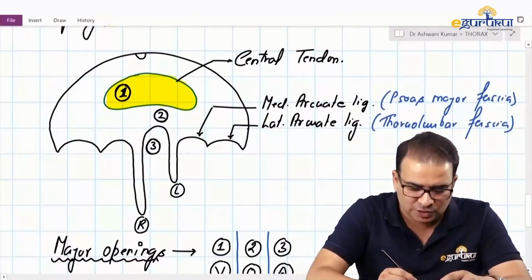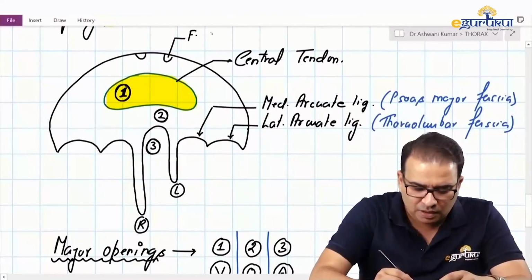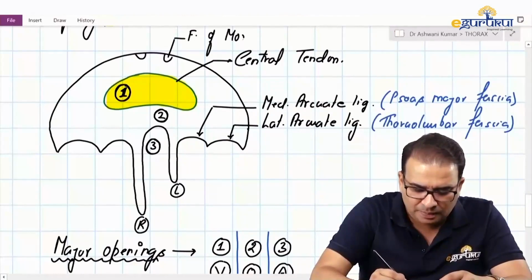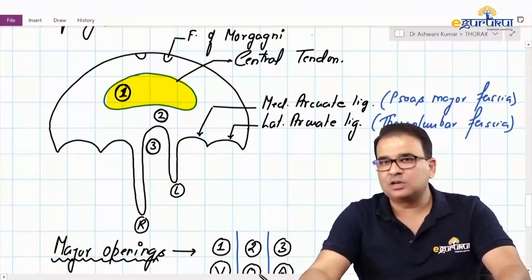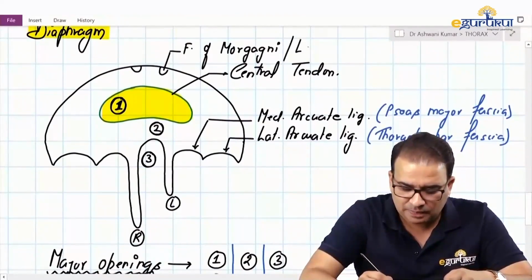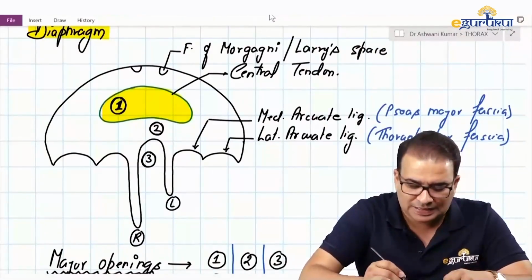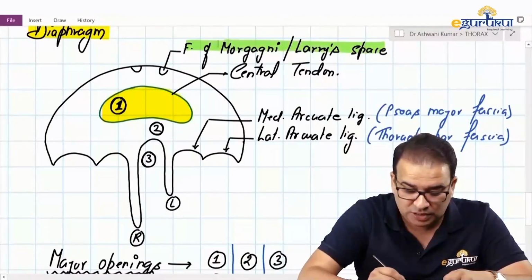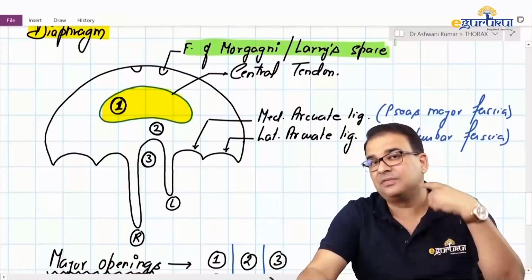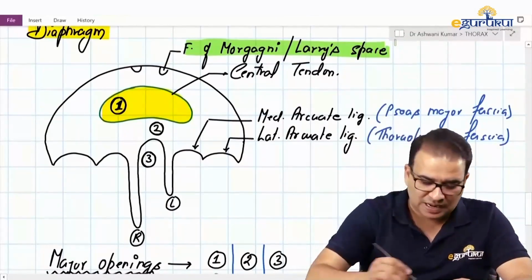I showed you that in the picture also somewhere here, and that is what you call the foramen of Morgagni, or space of Larrey also. And please be careful, guys. It is foramen of Morgagni. It is not the sinus of Morgagni, of course. Sinus of Morgagni is present in the pharynx, in the pharyngeal wall. So this is the foramen of Morgagni or the Larrey space.